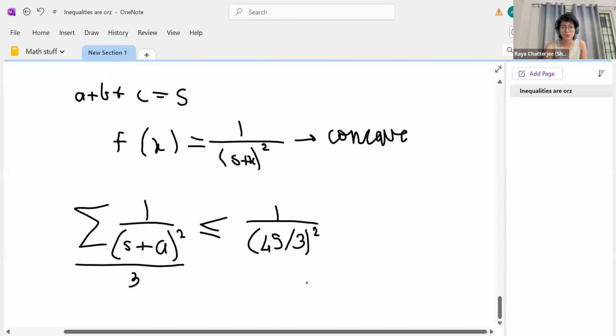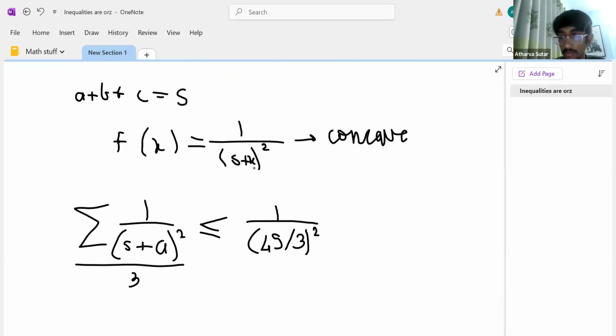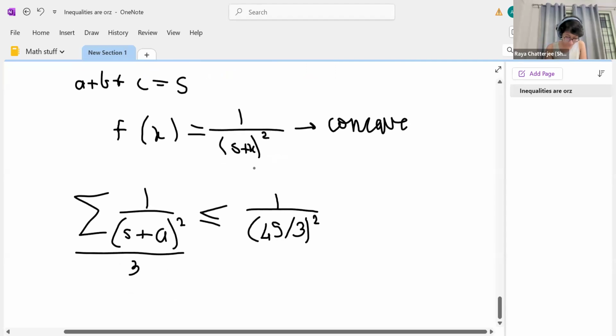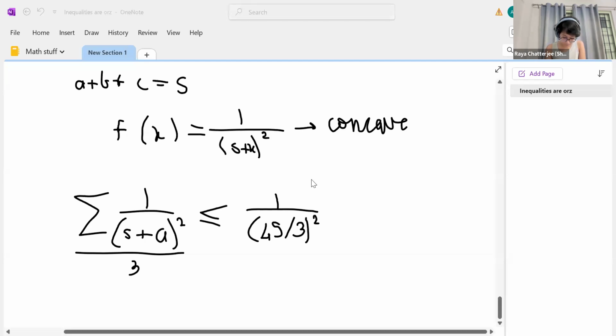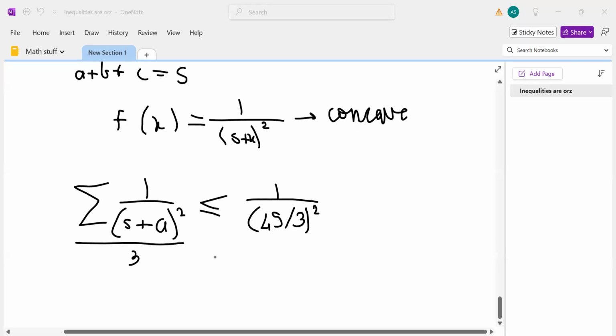I'm sorry, how's it 4S? Oh, because the function is S plus x. Oh, okay. Now we can just open up the things and see.